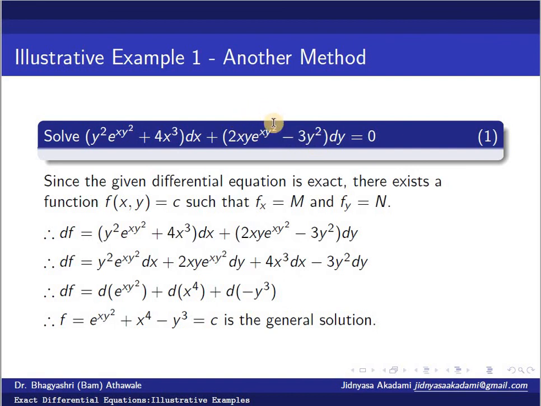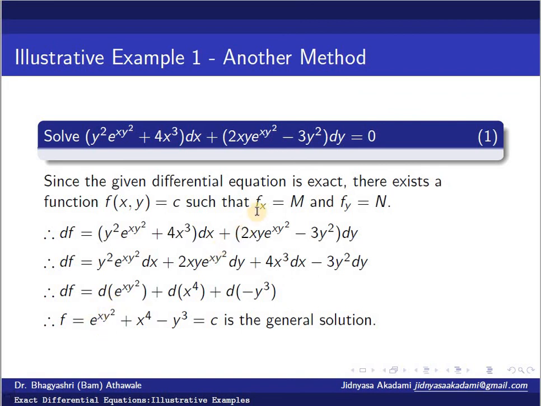So what about this term? Since it contains x, that means it is the partial derivative of the integration of some term here with respect to y. Like here, this term 2xy e raised to xy square dy is because of the partial derivative of this term with respect to y, isn't it?